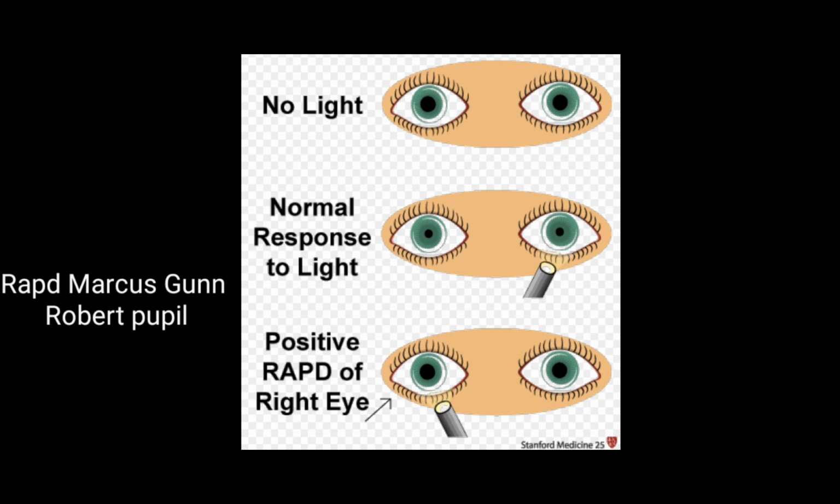But if the light is shown in the abnormal eye, the pupils will not be able to contract. The pupil will be relaxing, dilated. So in the normal eye the contraction is occurring, and in the abnormal eye the second nerve, the afferent pathway, is defective. So here the pupils are dilated and will not be contracting.